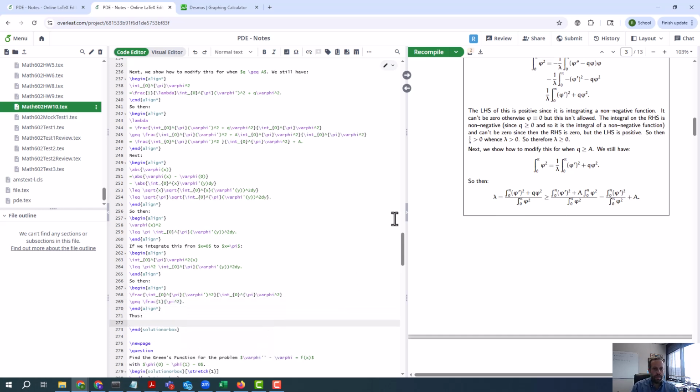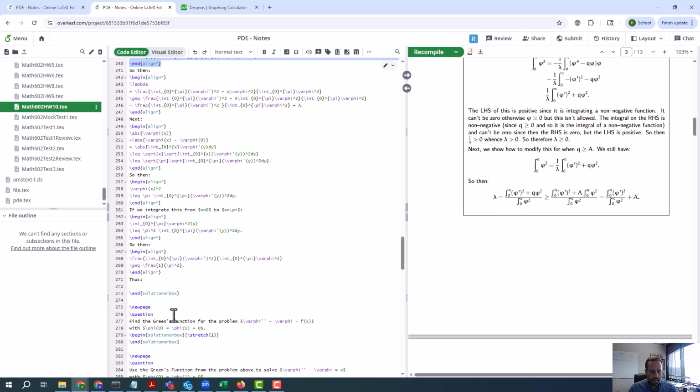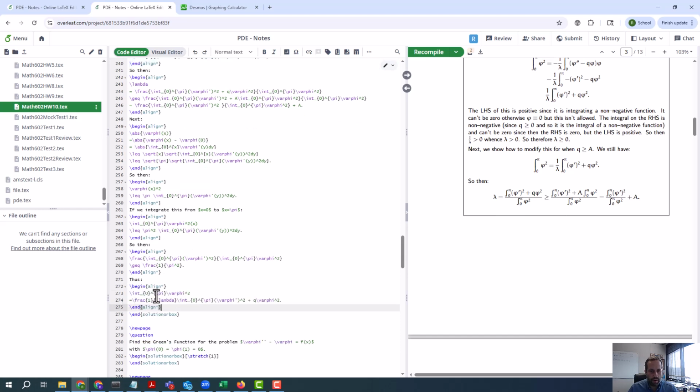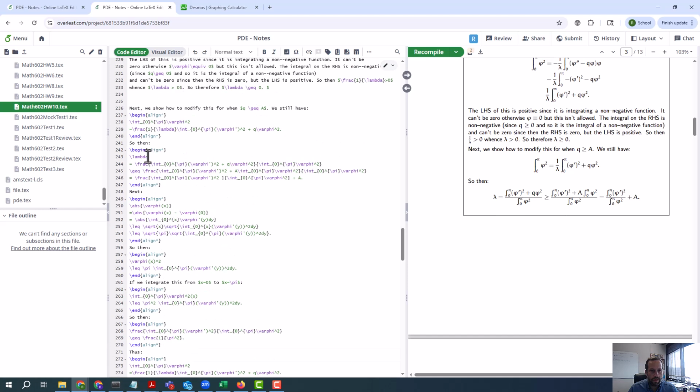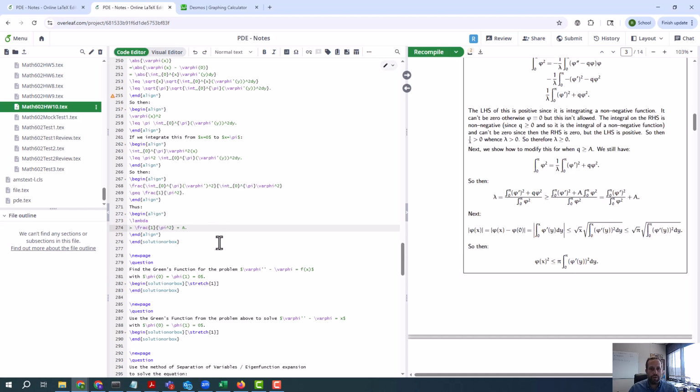Thus, the thing that we started with was lambda. Thus, lambda is going to be greater than 1 over pi squared plus a. Okay, so all of the eigenvalues are bounded below by 1 over pi squared plus a.